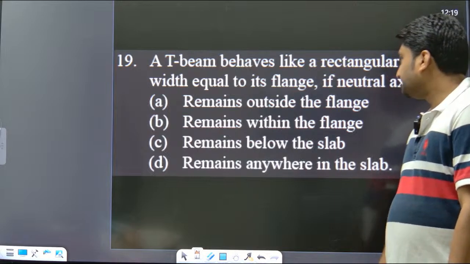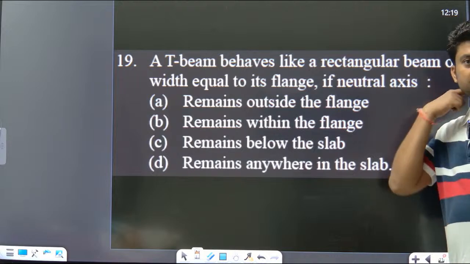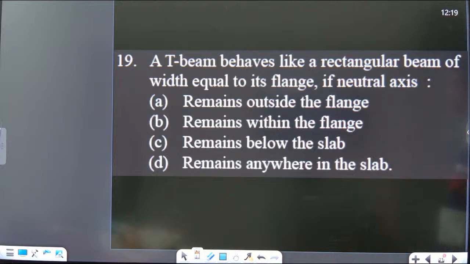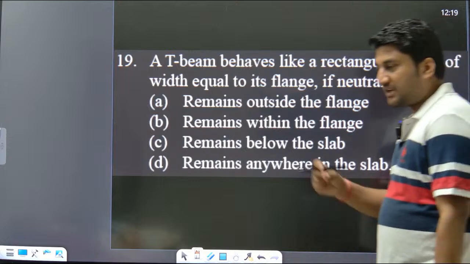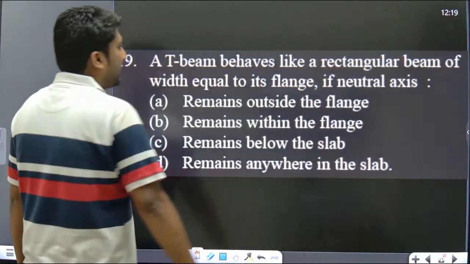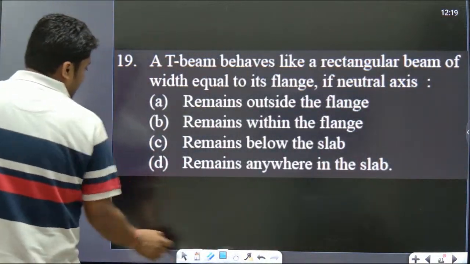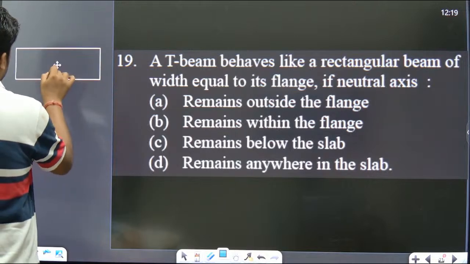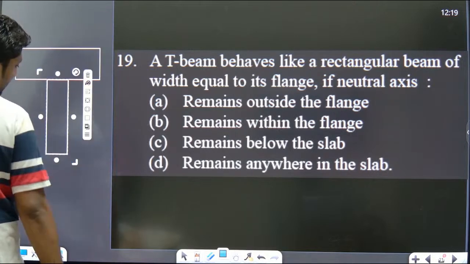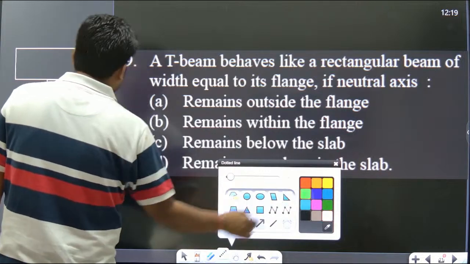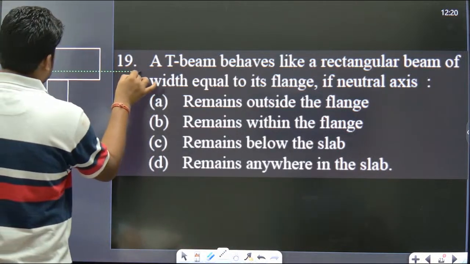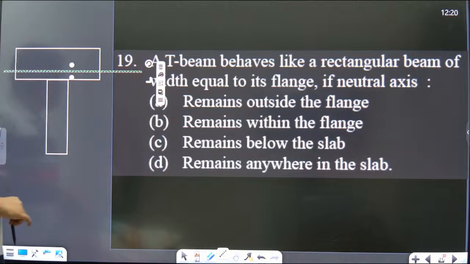Now you can see, I'll make this question a little tough. A T beam behaves like a rectangular beam whenever the neutral axis lies in the flange portion.